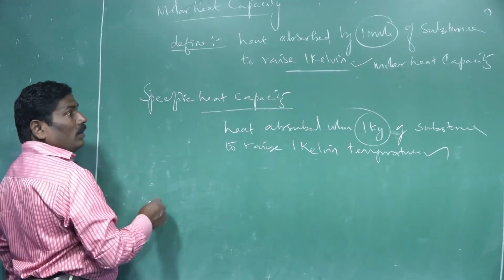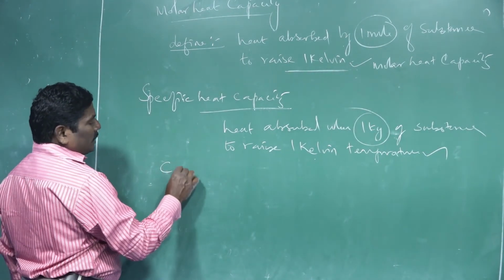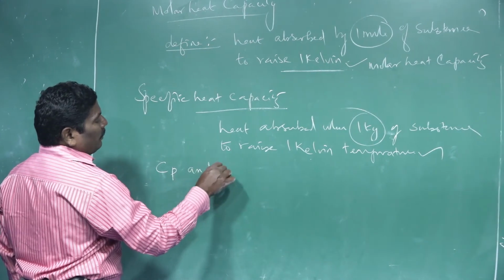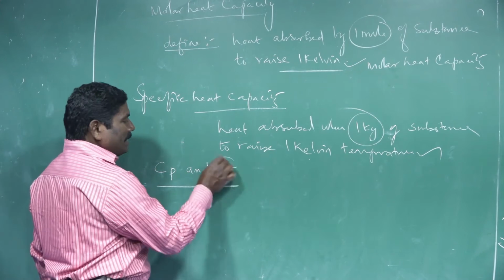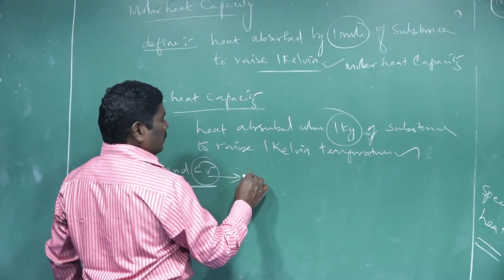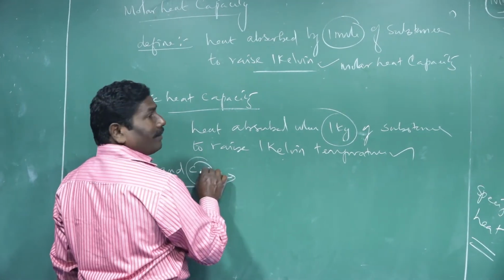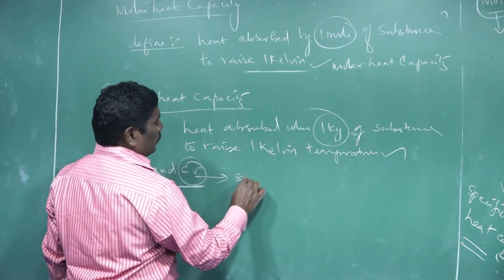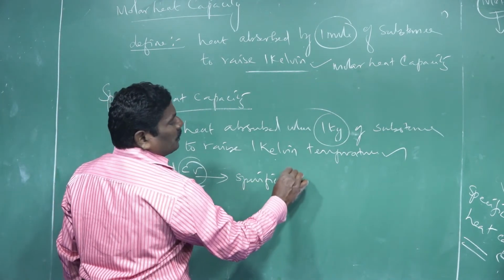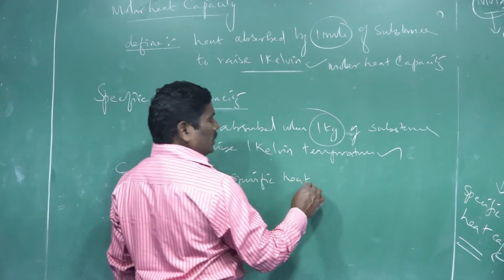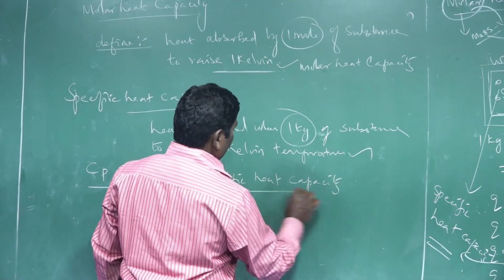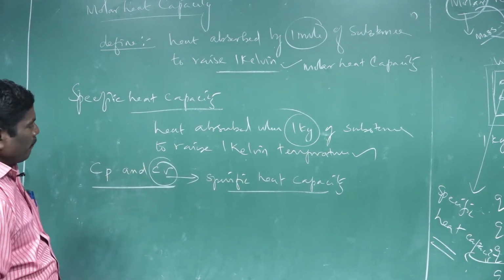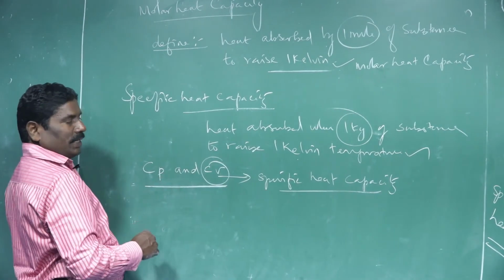Now we are going to see what is called Cp and Cv. This is nothing but the specific heat capacity at constant pressure and constant volume. We are going to derive what the specific heat capacity is.